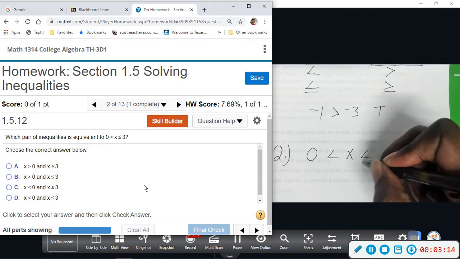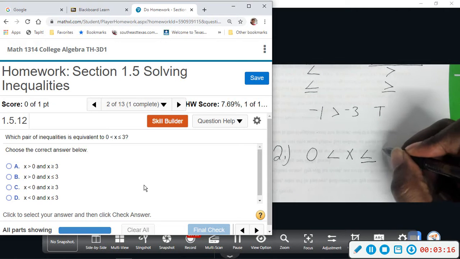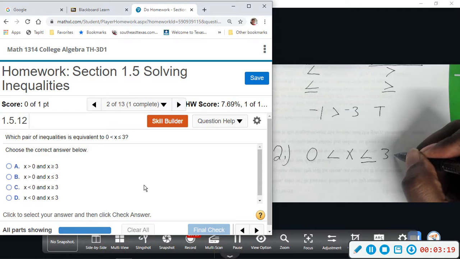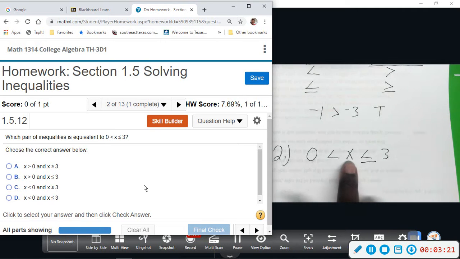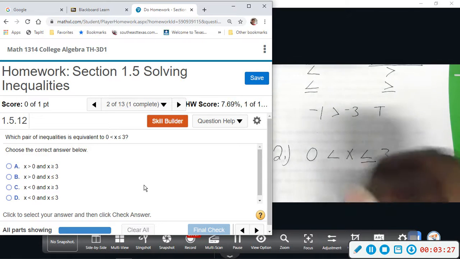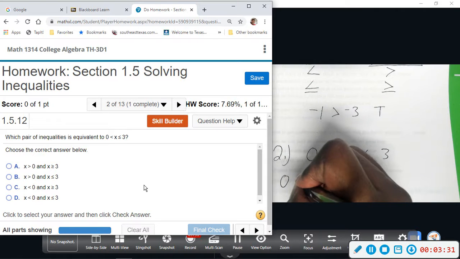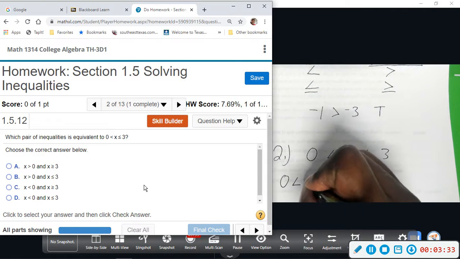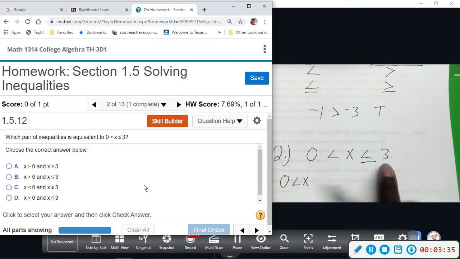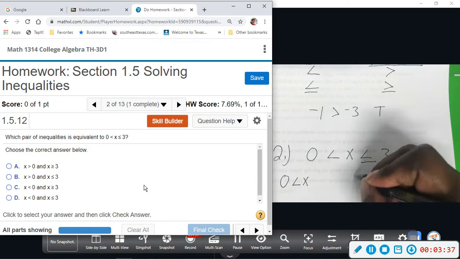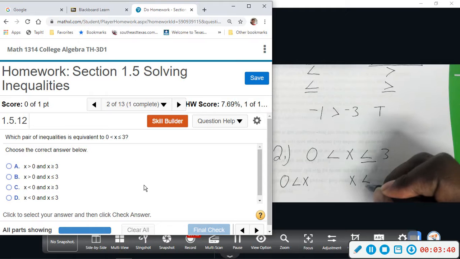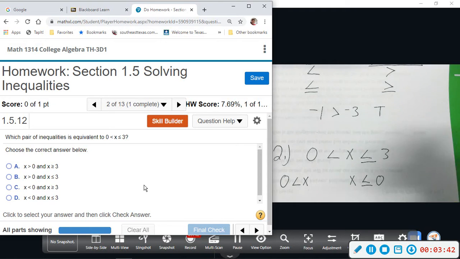And all you need to do is extract each of these as individuals. So look at these two. So 0 is less than x. I'm going to write that. 0 is less than x. And then compare this one to x. So we're going to write x is less than or equal to 0.